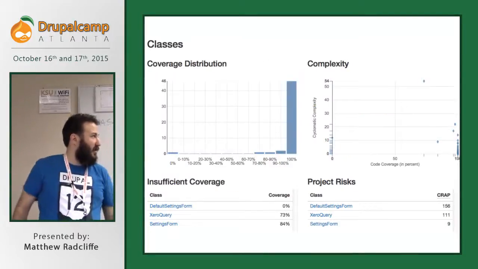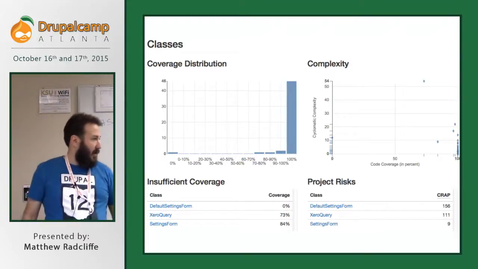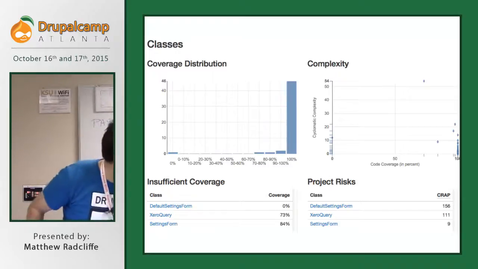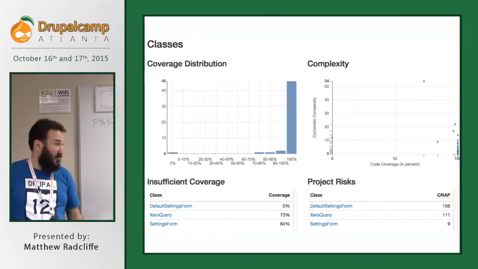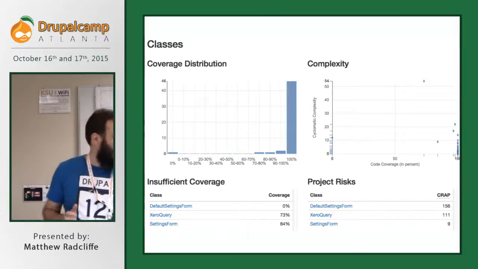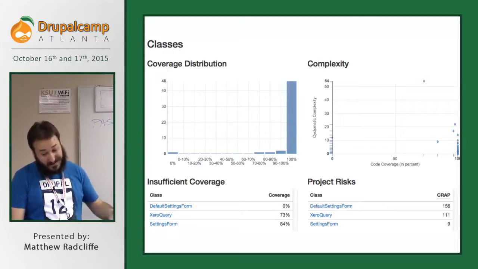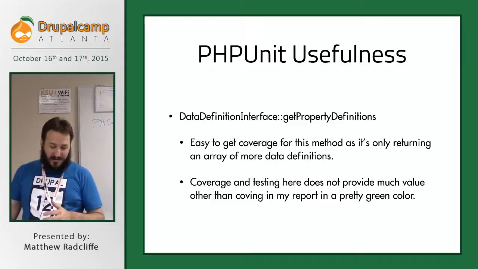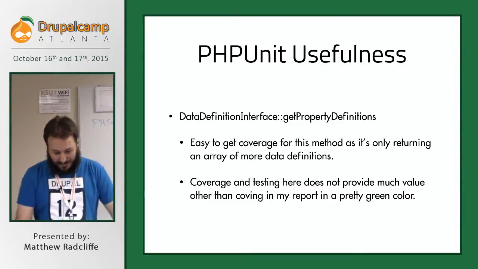PHPUnit gives me coverage distribution graphs and complexity charts, so I can say I really need to add tests to Xero query because that's a pretty bad score. The default settings form has a high complexity, but that's because it's a form. Does it really? Again, the usefulness of PHPUnit for testing forms might not be there. I'm trying to go all the way on it, though.